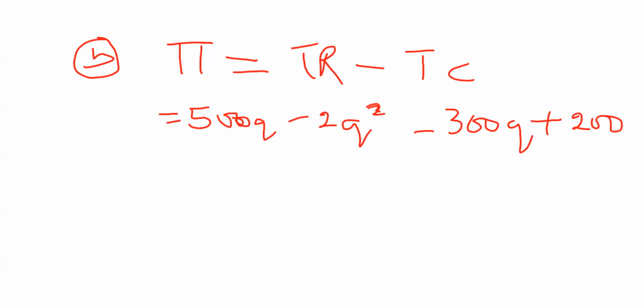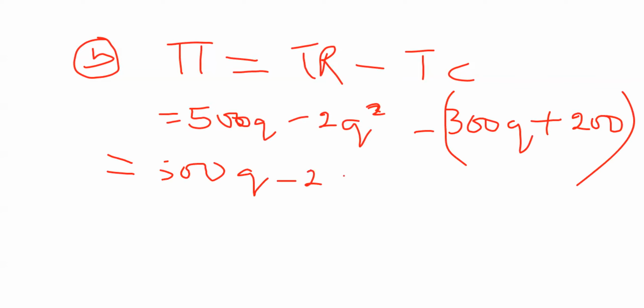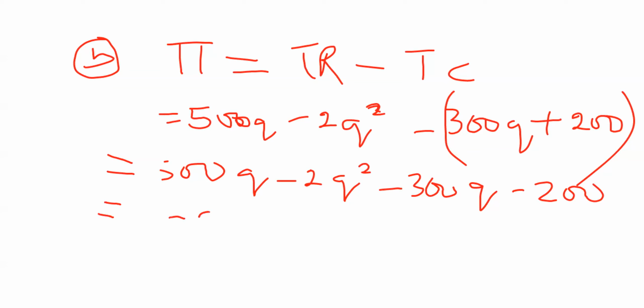I know that there's a minus there, so you must put brackets so that you now expand: 500q minus 2q squared, minus 300q minus 200. So we'll resolve it. This is going to be minus 2q squared plus 200q minus 200.